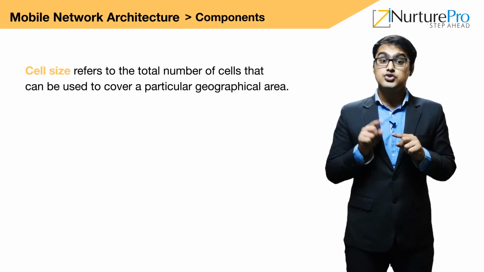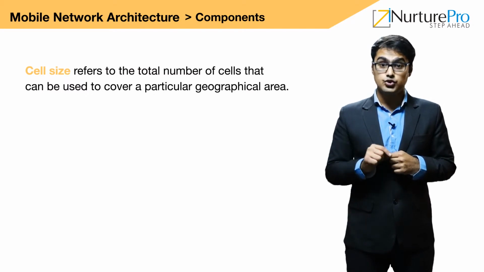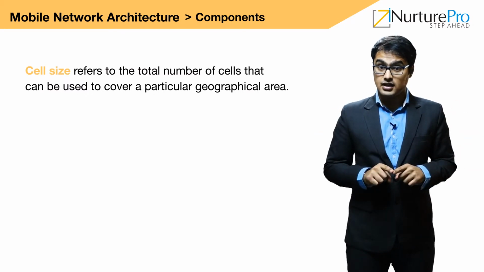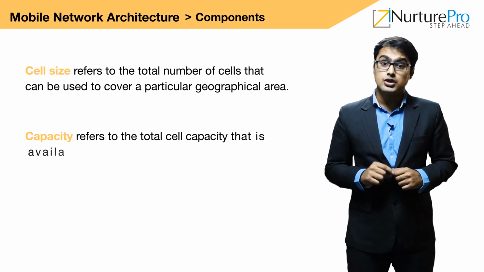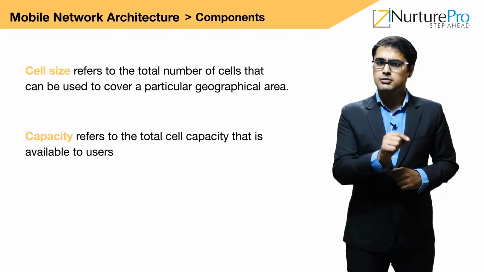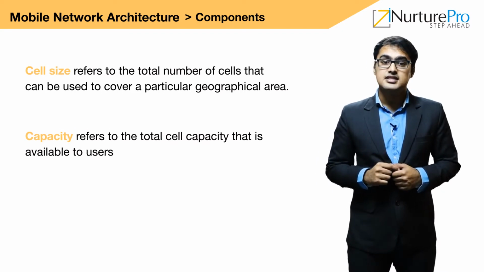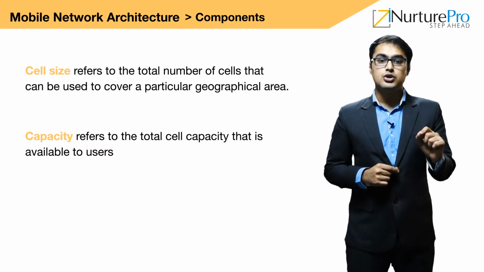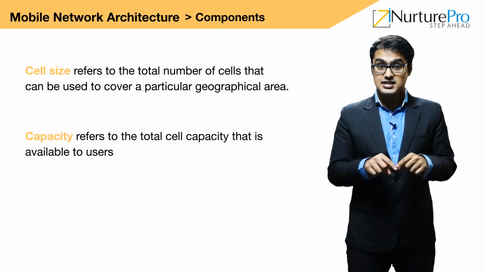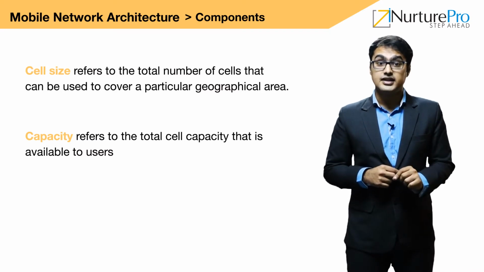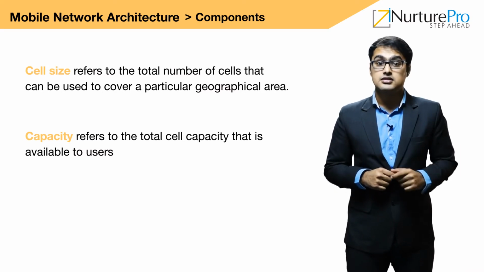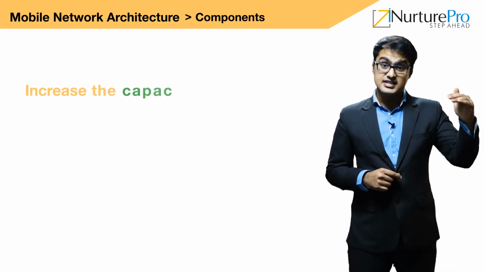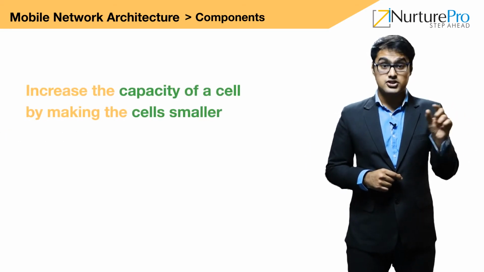Cell size refers to the total number of cells that can be used to cover a particular geographical area. Capacity, however, refers to the total cell capacity that is available to users. Cell capacity is limited by the existing bandwidth and operational requirements. Every network operator must handle the cell size and its capacity appropriately to handle the rising traffic demands. You can increase the capacity of a cell by making the cell smaller.